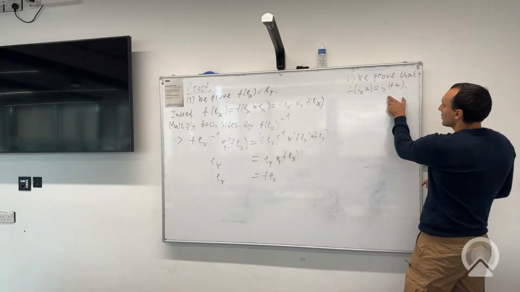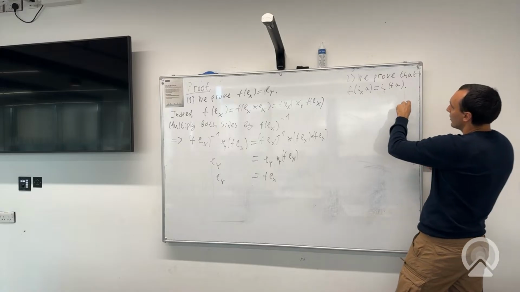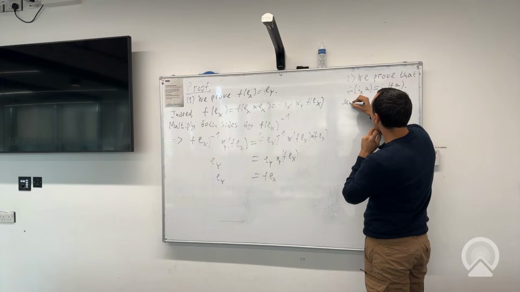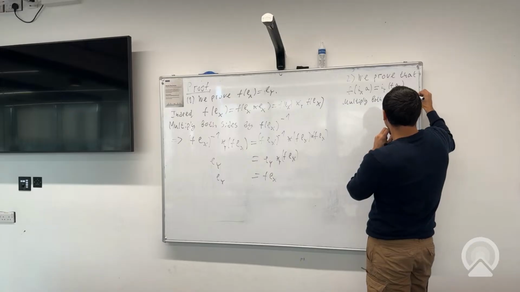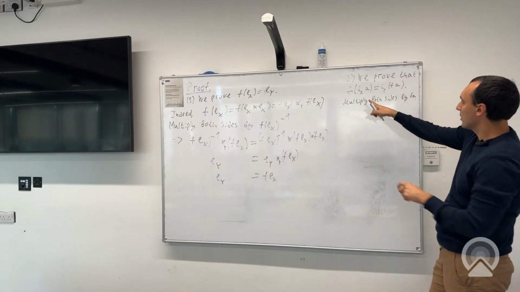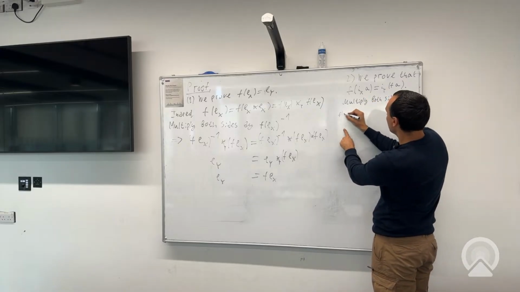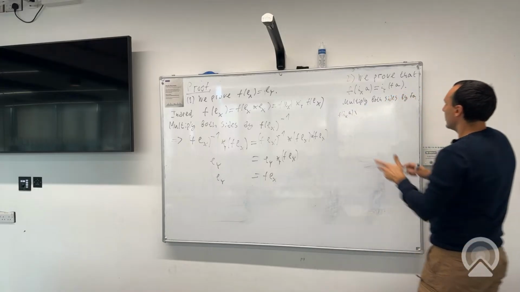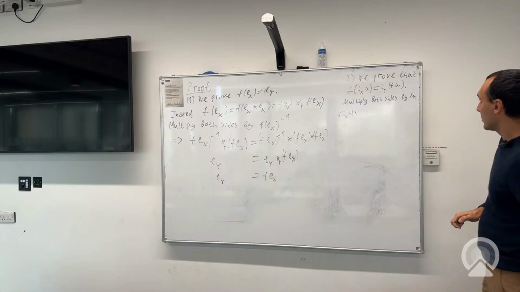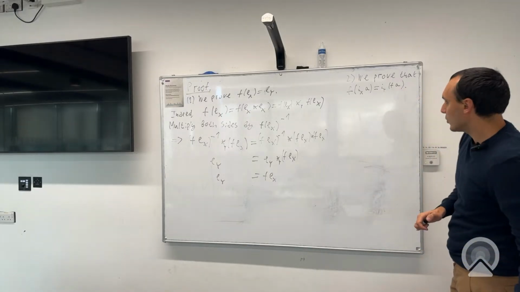Okay, so we'll multiply this by f of a. Okay, sorry, we need to prove that, we don't multiply.